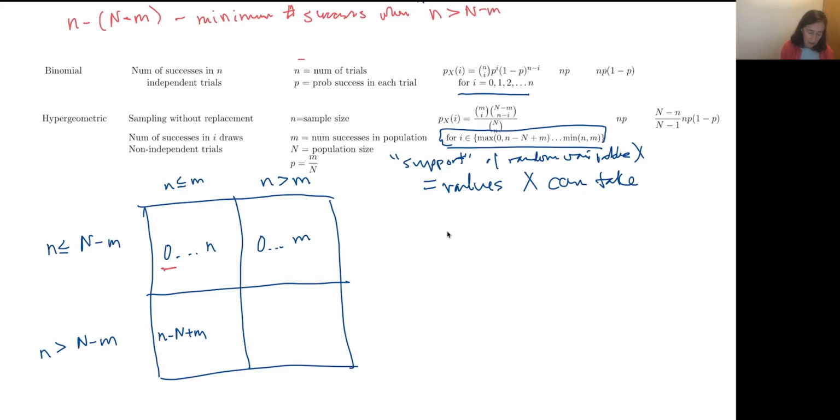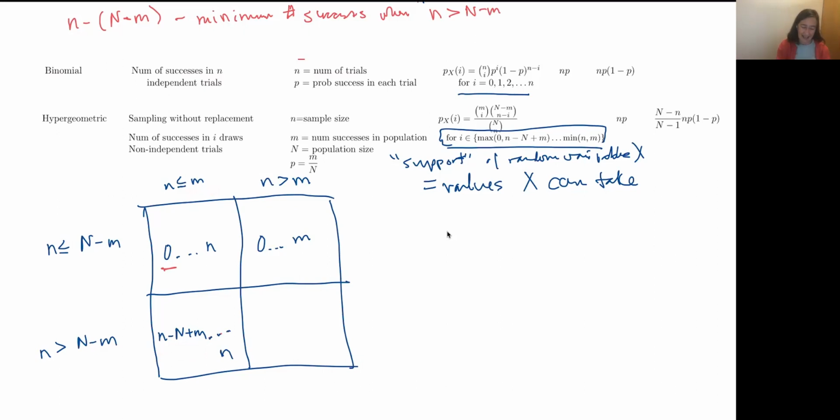Okay, and in this case, if the number of successes in the population is still bigger than our sample, then we could theoretically have the whole sample be successes. So in a sample of n, we could have all successes and we wouldn't run out because we've still got some in the population.